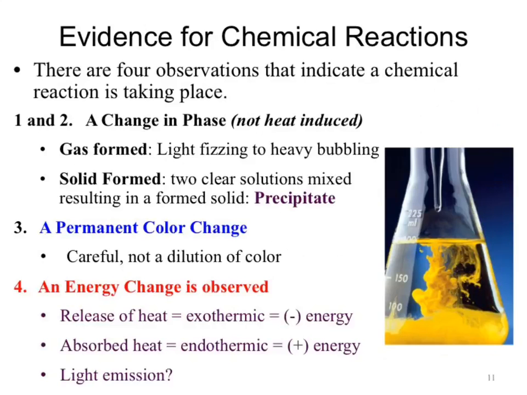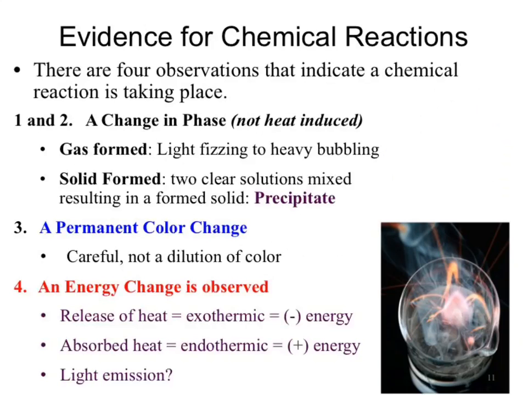The other big form of energy change that you can see or measure would be a light emission. Is light actually a form of energy? Yeah, it is. We're looking at the electromagnetic spectrum. Light is an energy emission. For instance, if we threw sodium into water, we usually see light formed as well.